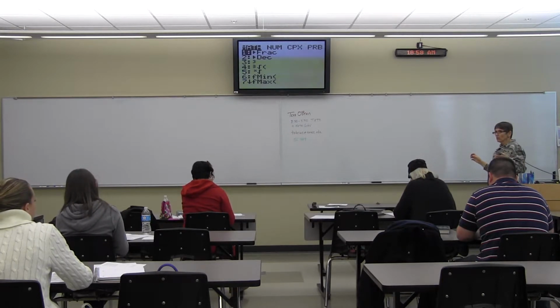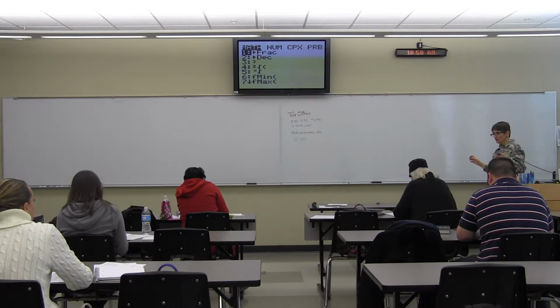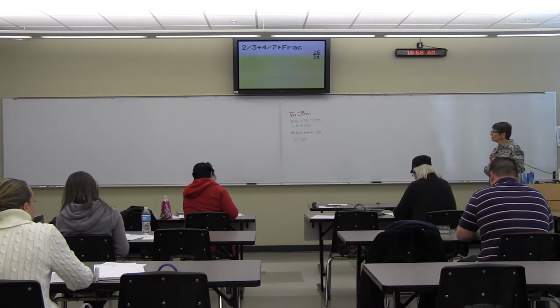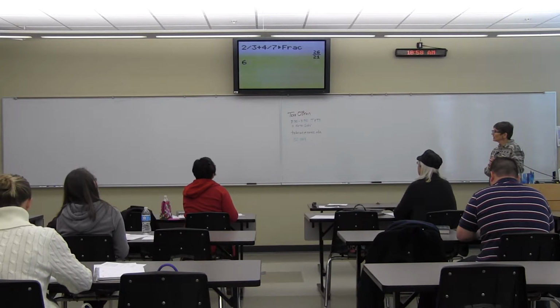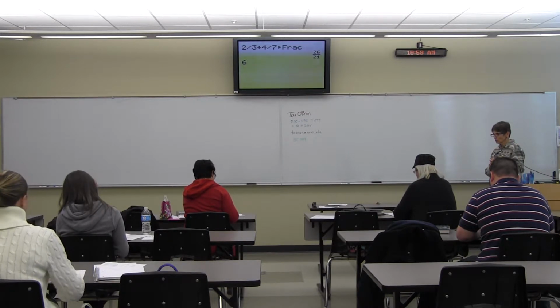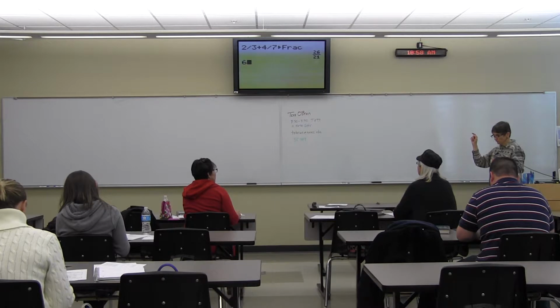So let's say that we want to take the sixth root of 64. Okay, let's go back to our home screen, second mode. Hit the number 6 to tell the calculator that you want to take a sixth root. You have to tell it what root first.